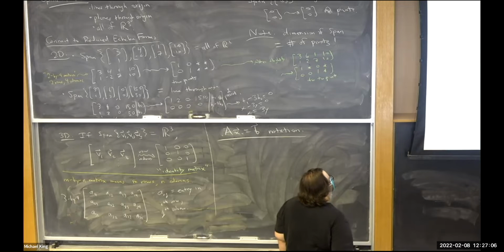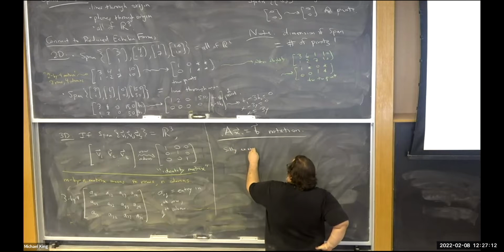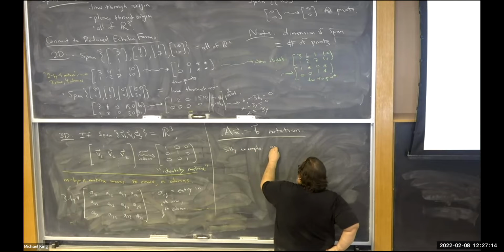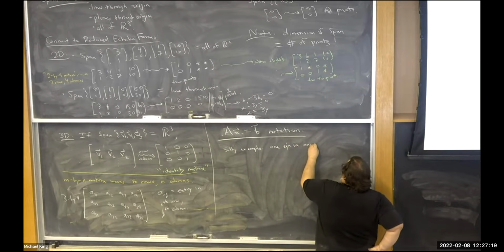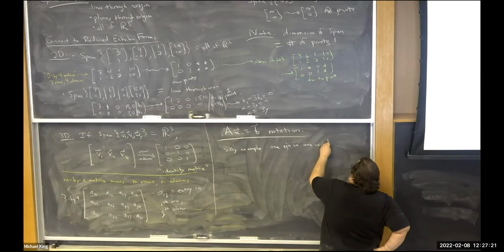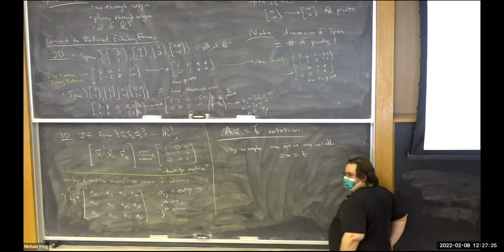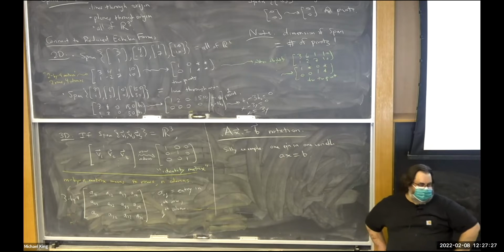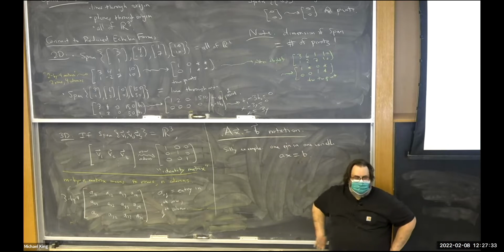Actually, first silly example: what if we have one equation and one variable? One linear equation and one variable. That's basically AX equals B like that, right? So this is generalizing to higher dimensions. We're going to generalize this to look like that, basically.